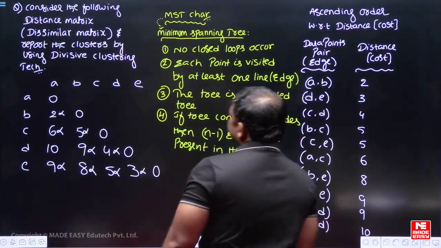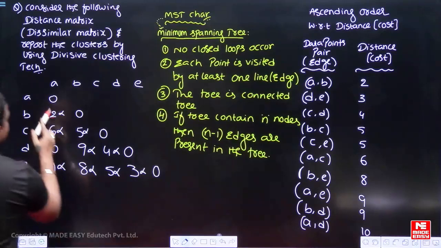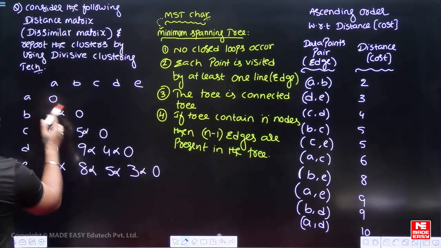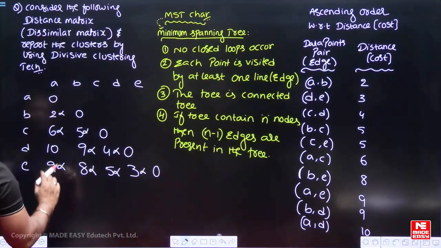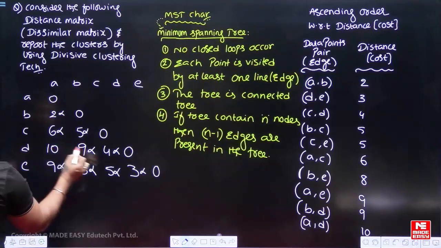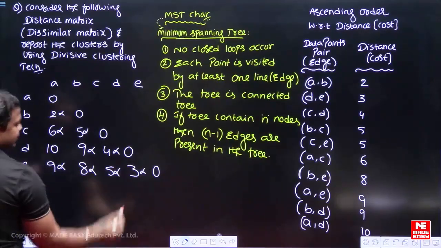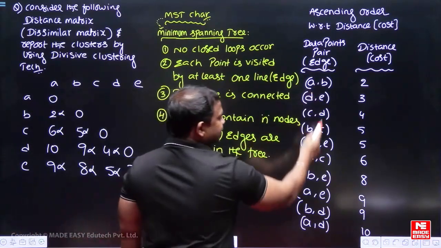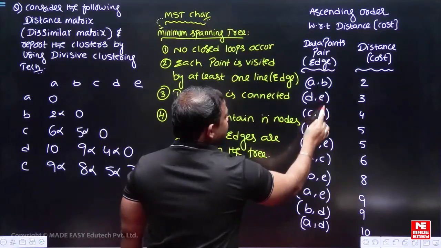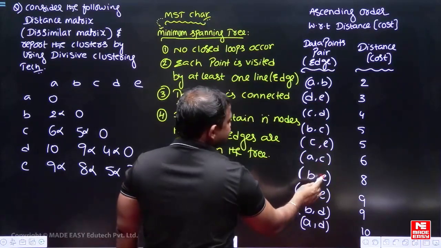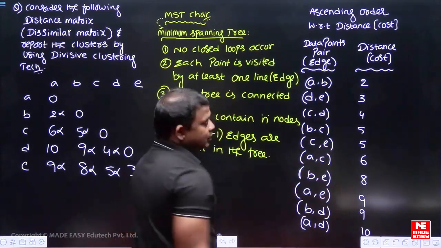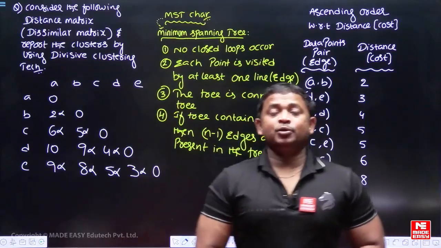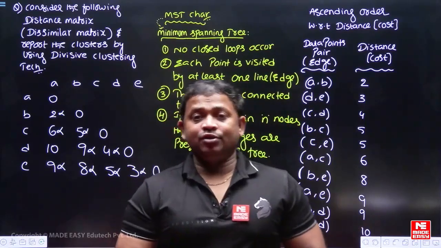So total here, how many pairs are there excluding the 0? 0 means similar, right? Fine. 1, 2, 3, 4, 5, 6, 7, 8, 9, 10. Here total 10 pairs are there. So the total data points are arranged in ascending order.